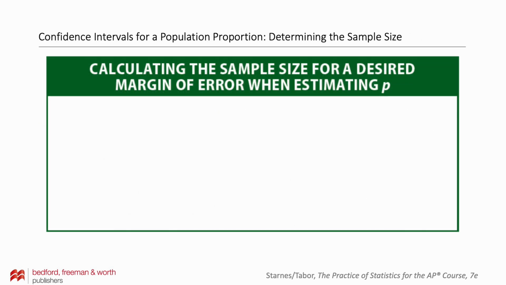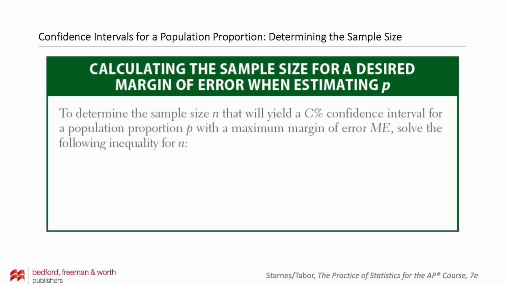In planning a study, we want to choose a sample size that allows us to estimate a population proportion within a given margin of error. We use the following inequality for size n, where z star is the standard normal critical value for the level of confidence we want.